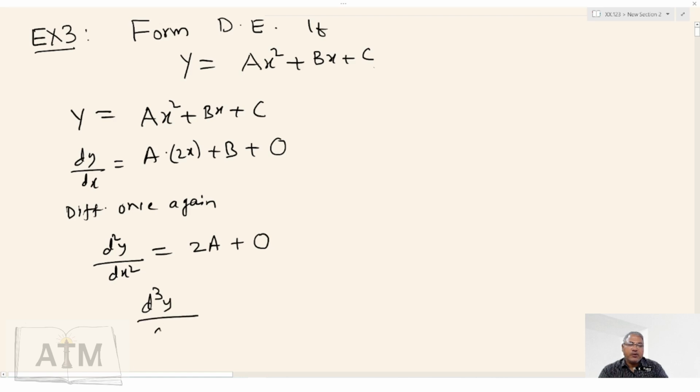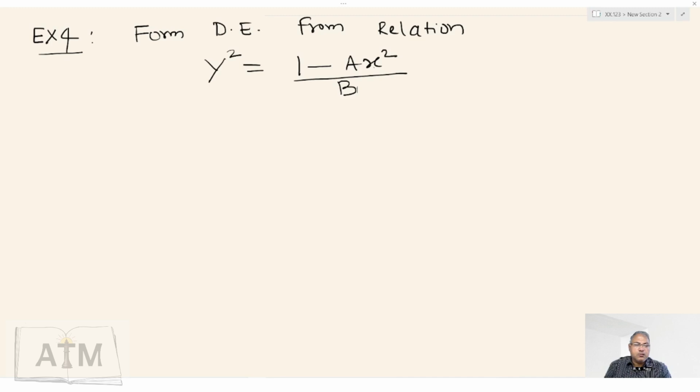So d³y/dx³ equals 0. The main idea of forming the differential equation is eliminating arbitrary constants. Finally, we should not see any arbitrary constant in the equation. So d³y/dx³ equals 0 is the required solution for the given general expression, that is y equals ax² + bx + c.